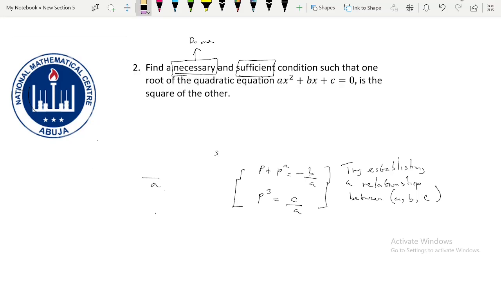At this point, it boils down to what we know. This p plus p squared, I can write as minus b over a. This part is just me playing around to see what I can get.